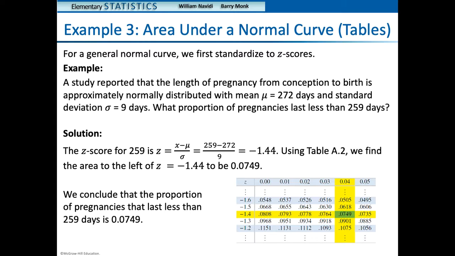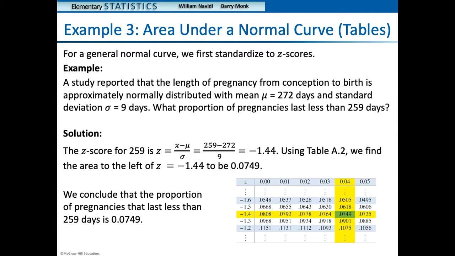And that step is we have to take the data value 259 and convert that to a z-score using the z-score formula, x minus mu over sigma. So we take 259, subtract the mean, divide by the standard deviation, and we get negative 1.44.